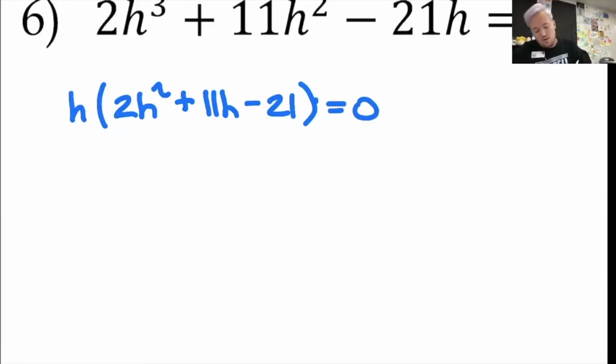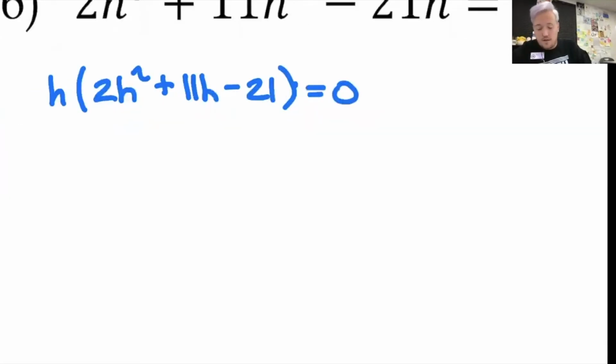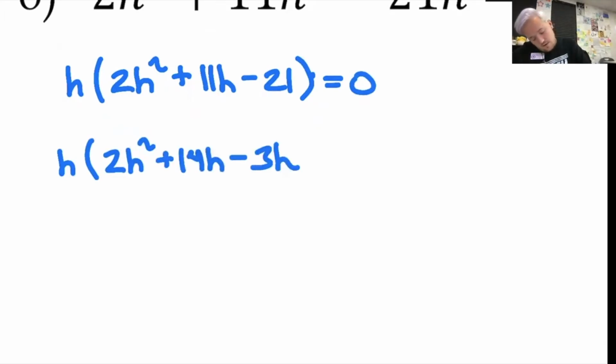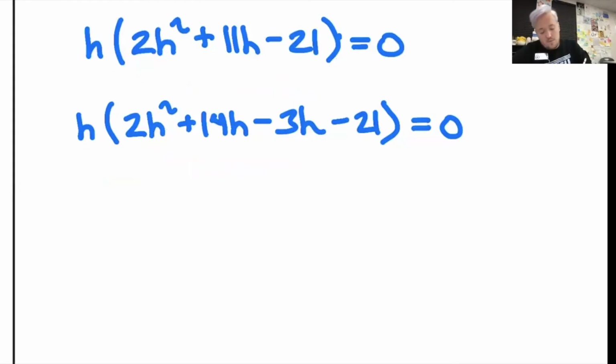We're going to use factors positive 14 and negative 3. So 2h squared plus 14h minus 3h minus 21 equals 0. I'm going to do my grouping.